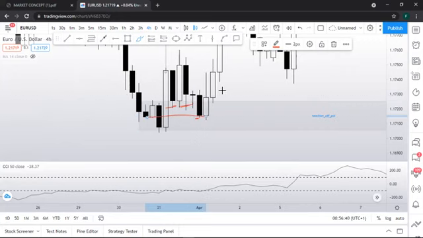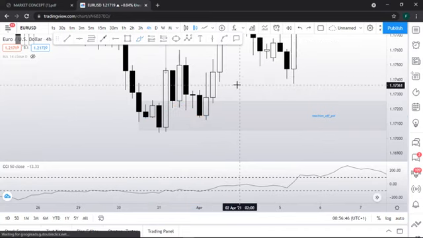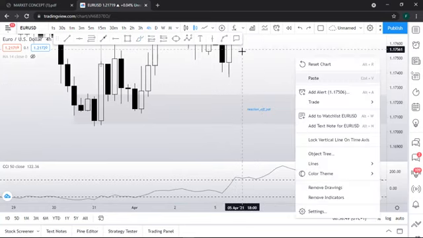Now, you might want to be looking at it specifically, but when you usually see multiple wicks, let me draw that real quick.